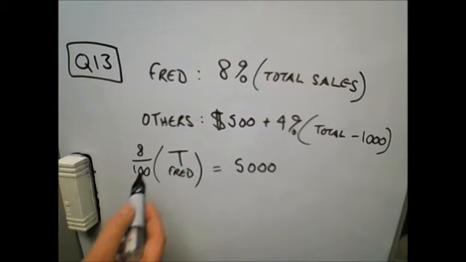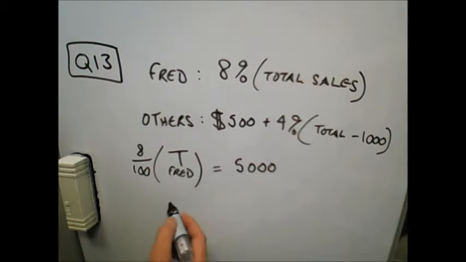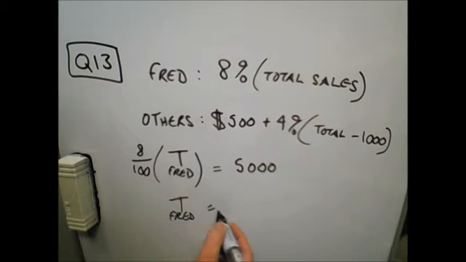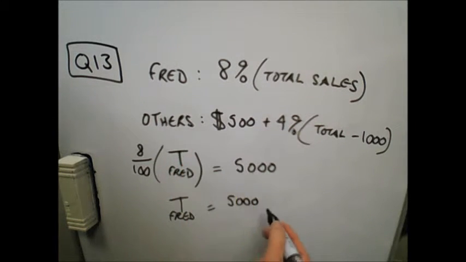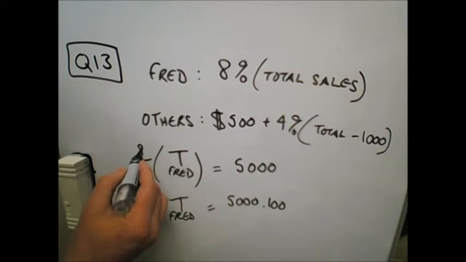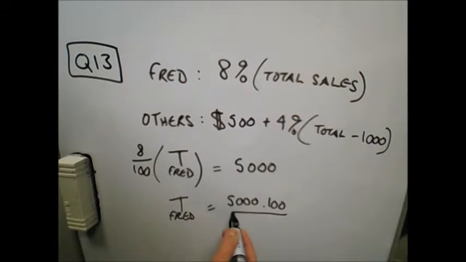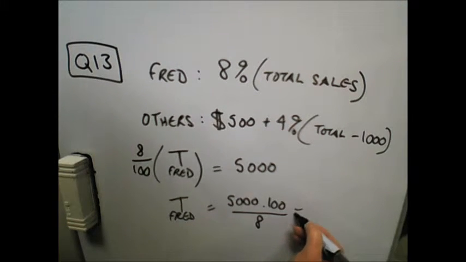Now, to work out how much he sold in order to earn that $5,000, we simply cross-multiply by our fraction. So we multiply the 5,000 by 100, and we divide that by 8, as you're going to see here. You could have done some other cancellation earlier on, but one way or another, these numbers always cancel out.